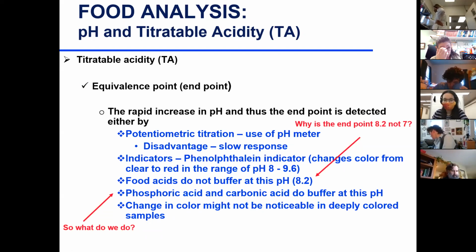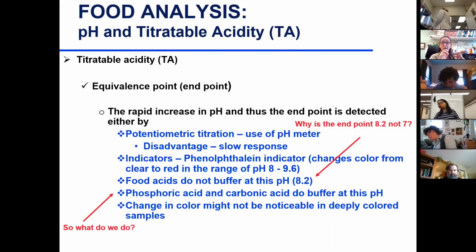Indicators are often used, and phenolphthalein indicator is clear in acid, and then it has red color in base. So the last drop, when all of the acid has been utilized or neutralized, then the last drop of your NaOH is going to turn your indicator color red or slight pink, and you wait for it to stabilize.